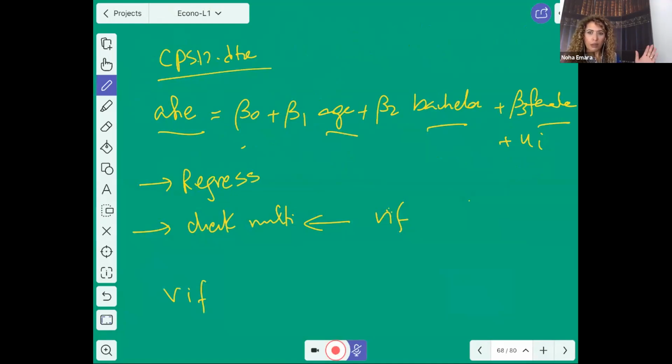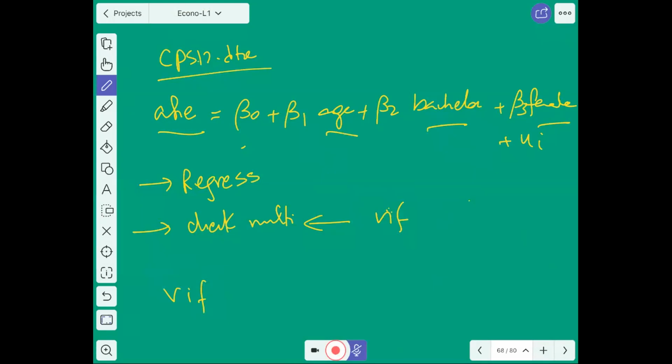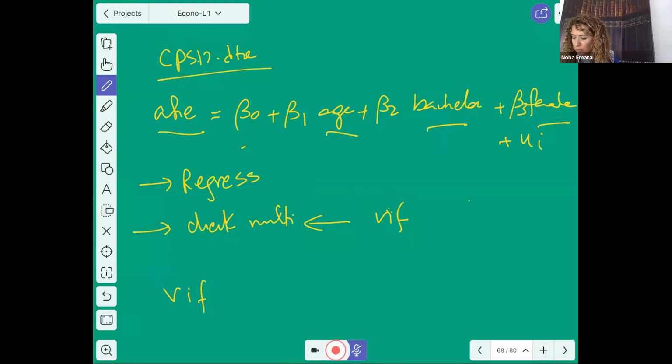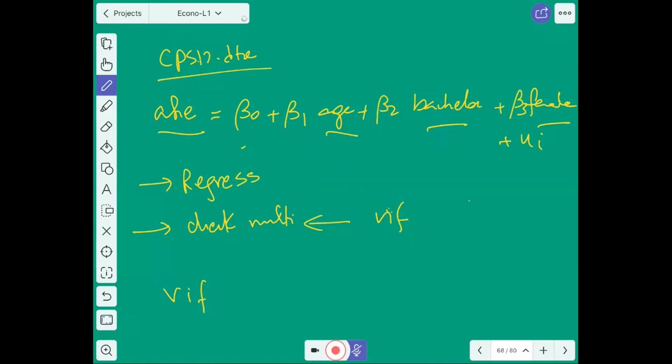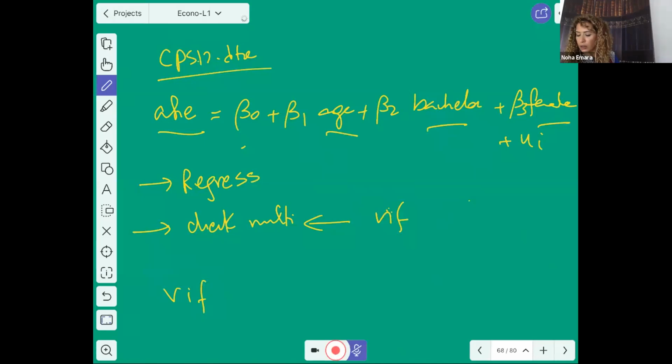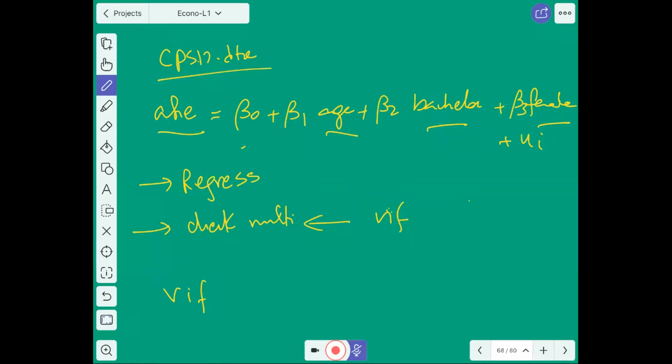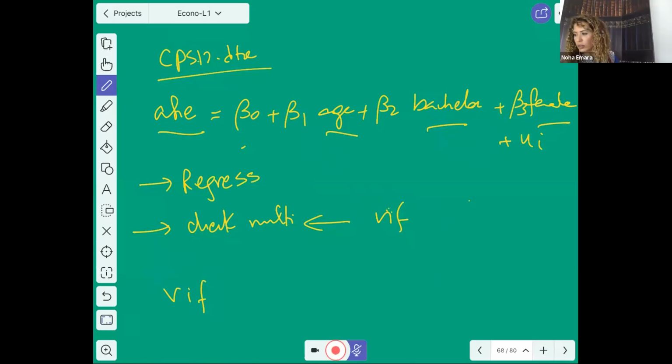You will get the table, with age, bachelor, and female.